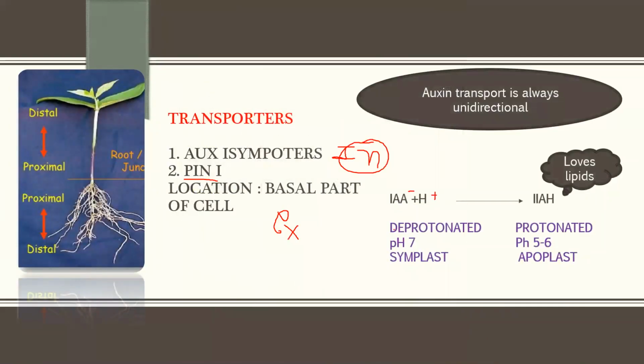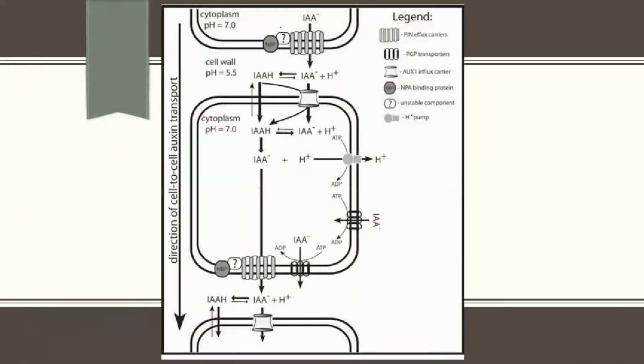Now, as we have seen, there are two types of auxin, either protonated or deprotonated. The protonated form follows the apoplastic pathway. In this figure, this is the deprotonated form of auxin, and here is the protonated form of auxin.